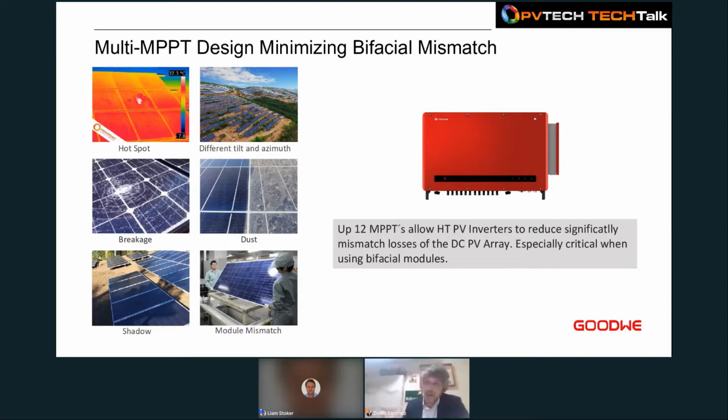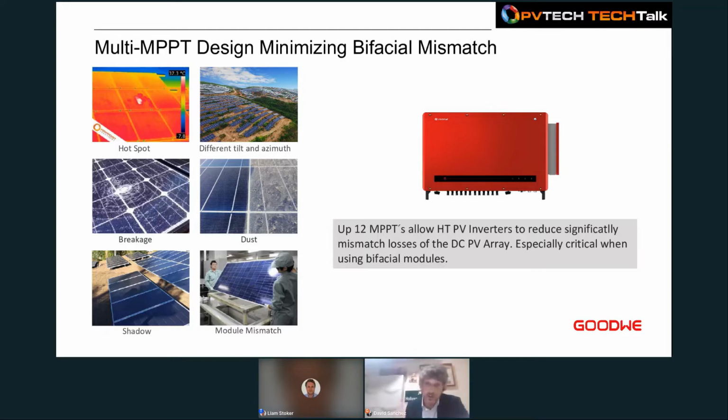This is why in a central solution, normally you have 400 strings, 300 strings going to 1 MPPT. When you design with a string solution, you have 2 strings or 3 strings going to 1 MPPT. Actually, this is the only way to take the most out of bifacial modules, because 400 different IV profiles will influence and impact each other, right? Only by having the minimum possible number of strings per MPPT can you maximize the performance of bifacial modules.